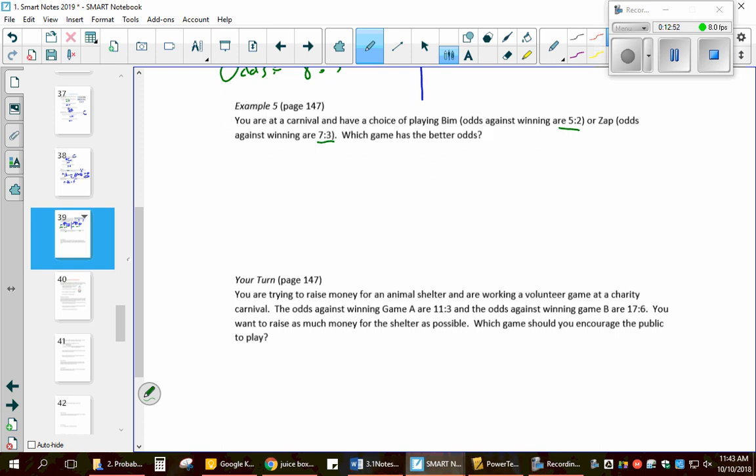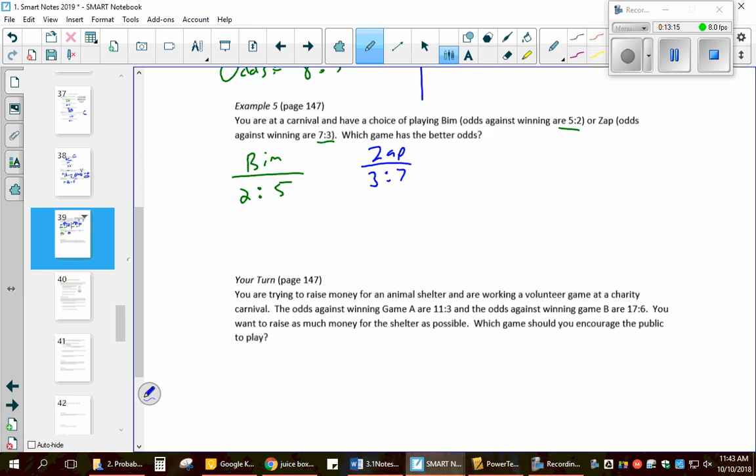BIM has odds of winning of 2 to 5. Okay, just switching those around. And Zap has odds of winning of 3 to 7.